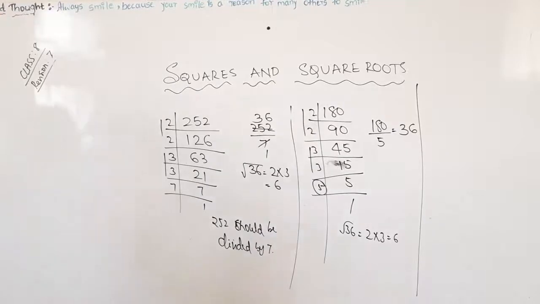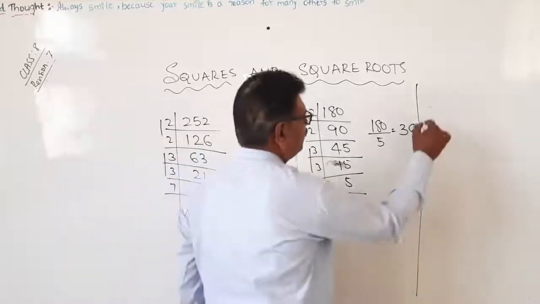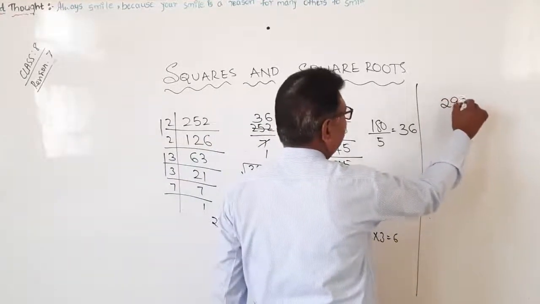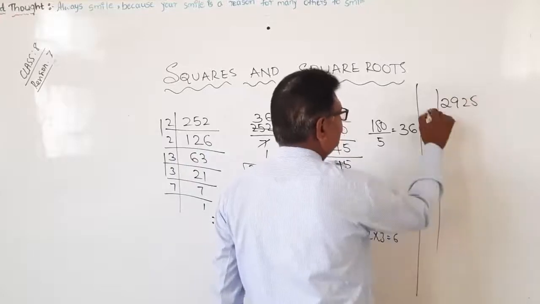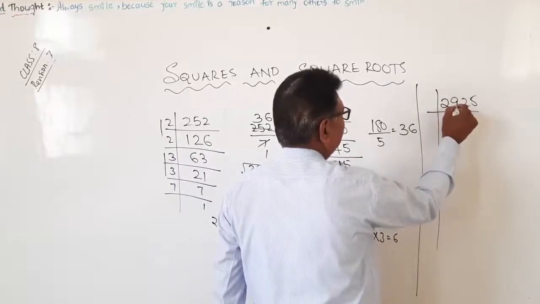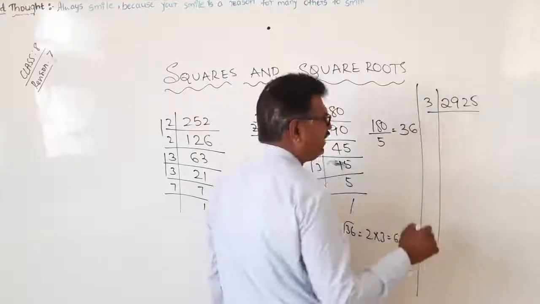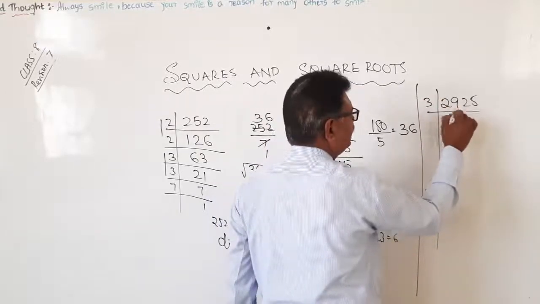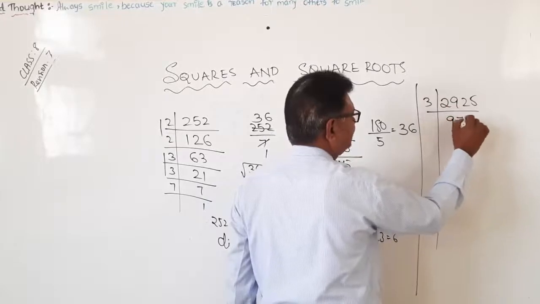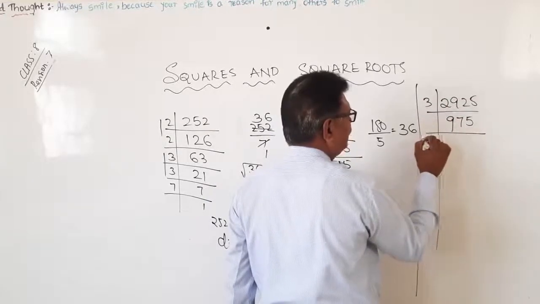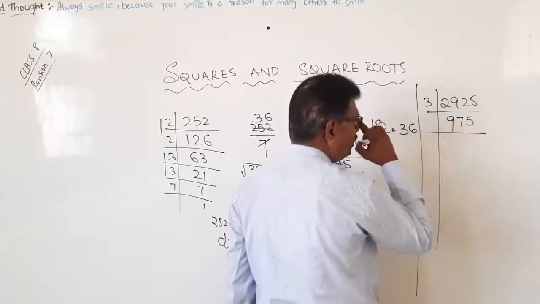Next, 2925. Very simple. Now see, 2 plus 9, 11. 11 plus 2, 13, 18 with the digits. Therefore it can be divided by 3. 3 into 9 is 27. 3 into 7, 3 into 5. Again 9 plus 12, that is 21.